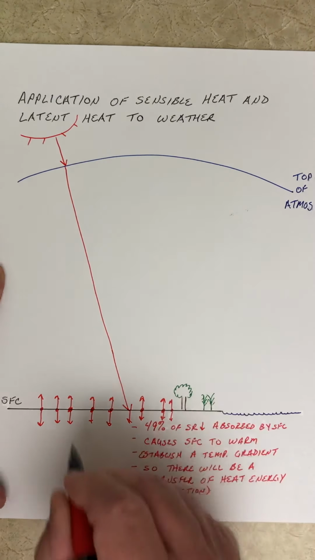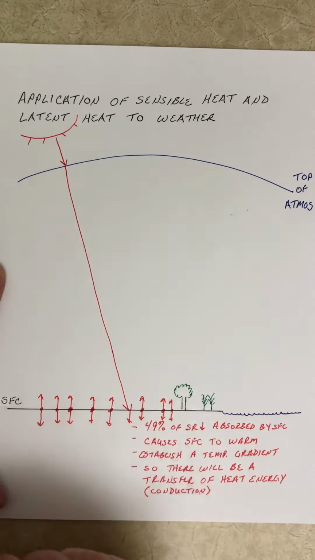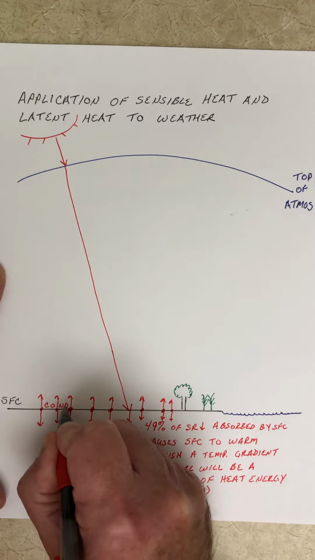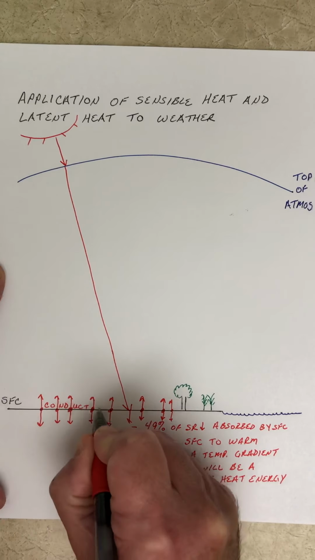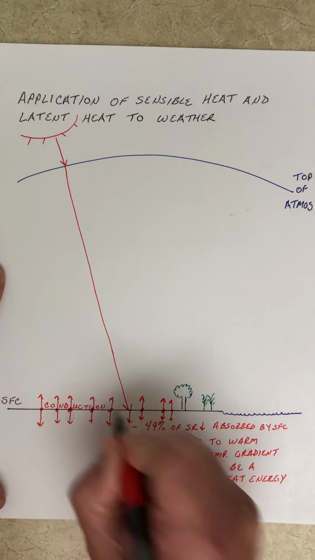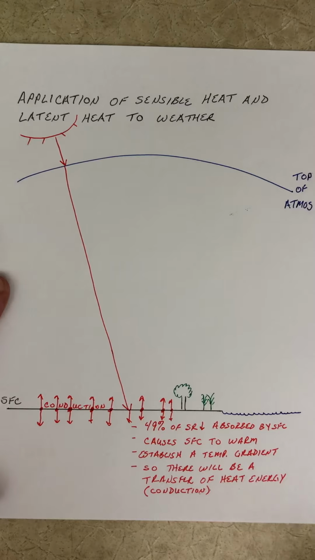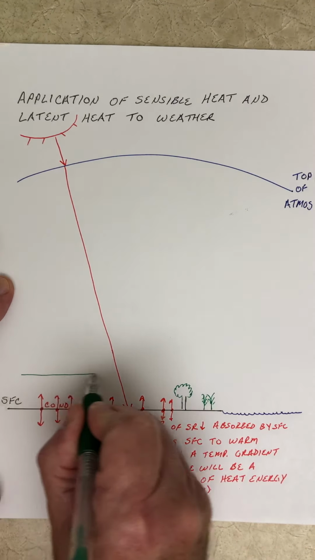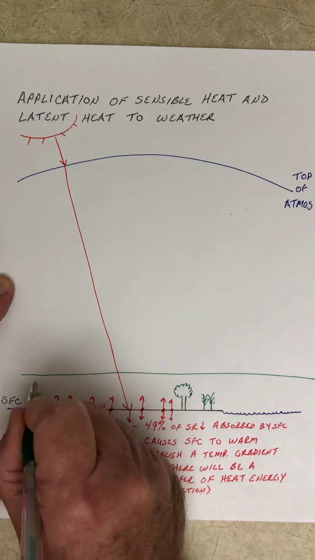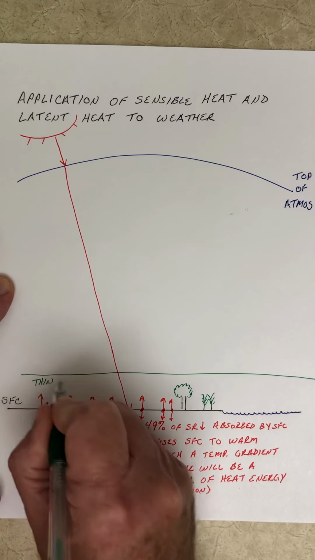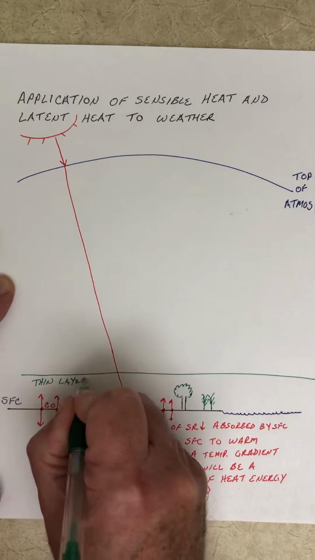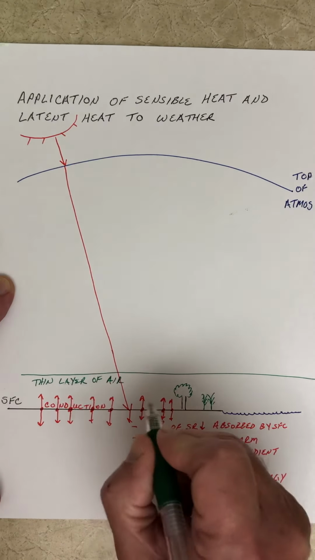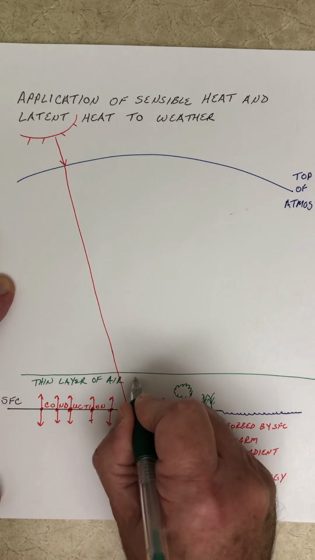And remember, we call that conduction. Let's see if I can draw this in here. So CO, conduction. So we've got conduction taking place. And let's make sure that we know that this is in a thin layer of air that's in contact with the ground.